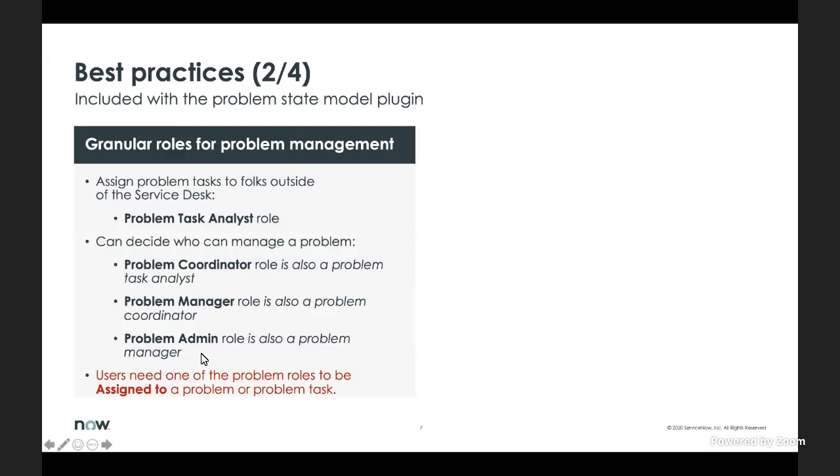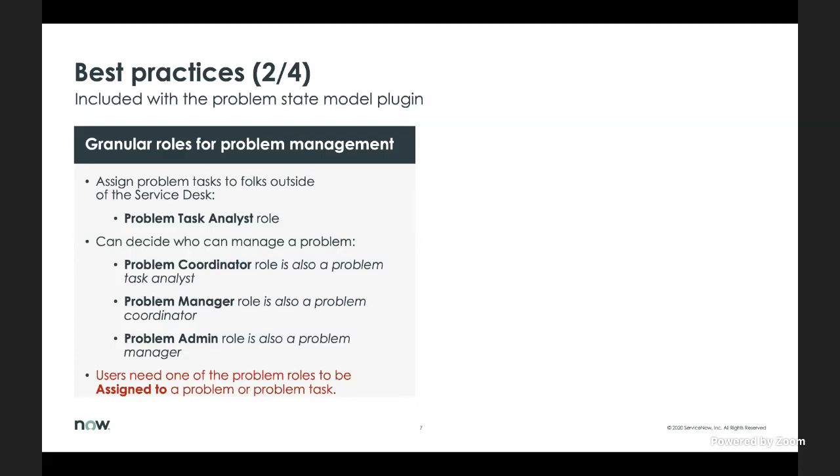And then lastly, we've got the problem admin, who again is a problem manager and a coordinator and a task analyst. And that's a limited role where you would only give that to people who need to be able to delete problems and problem tasks. So that's not something you would normally do. You'd normally just close them out instead. But you do have that option, similar to the ITIL admin role that we have on the incident side.